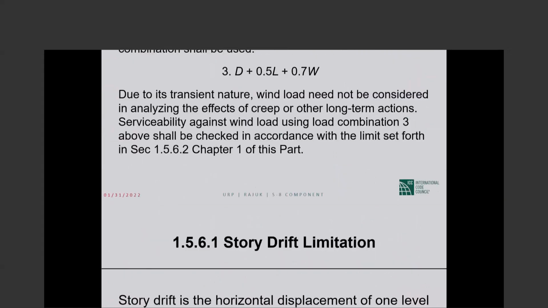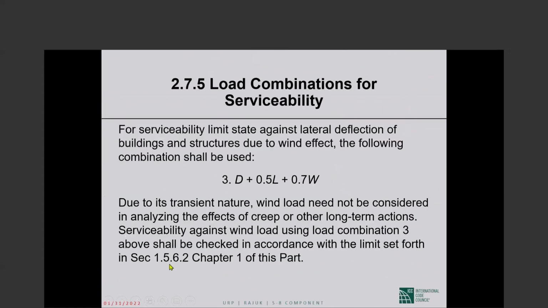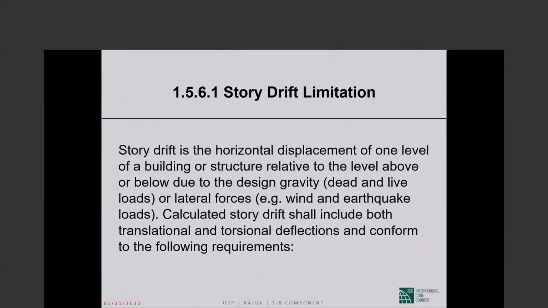Now here, the reference is not so much to the table, but to these drift limits that follow. 1.1562 is the next section. Anyway, let's read this. This gets pretty interesting, and I have quite a bit of problem with some of the things that are said here. Story drift. I don't have any problem with this.